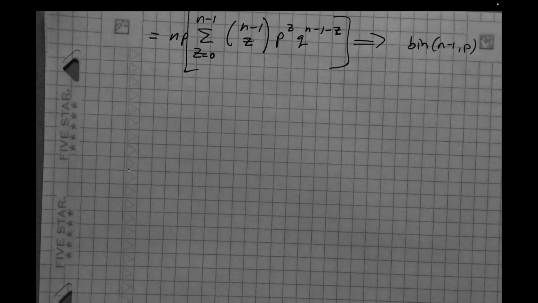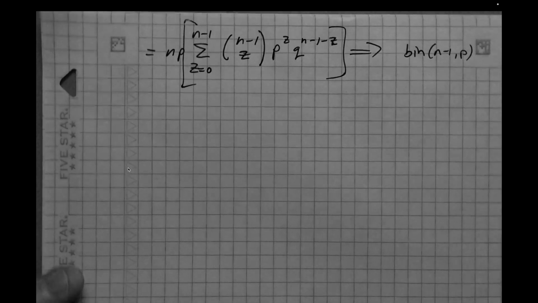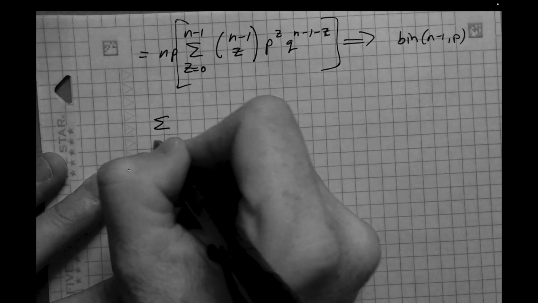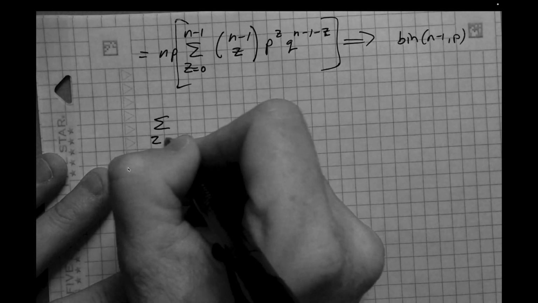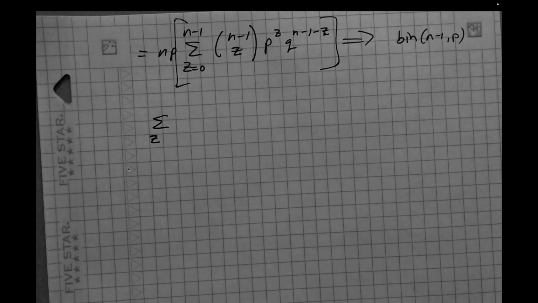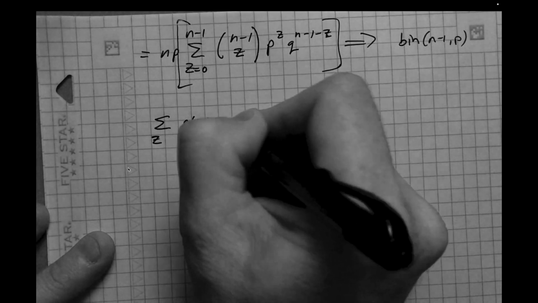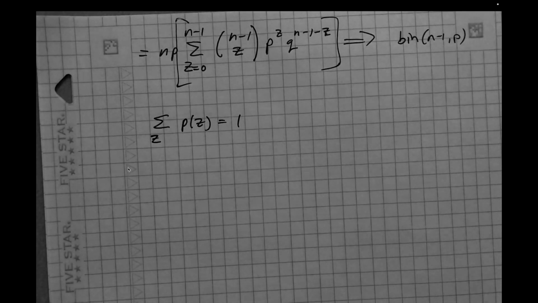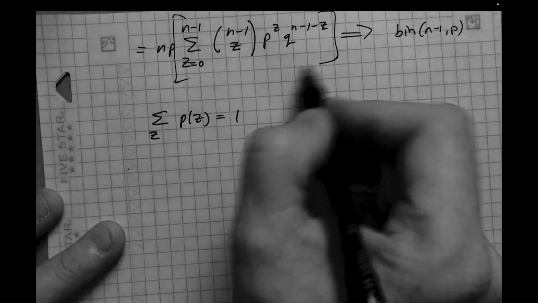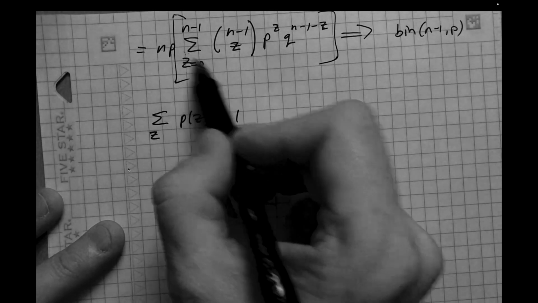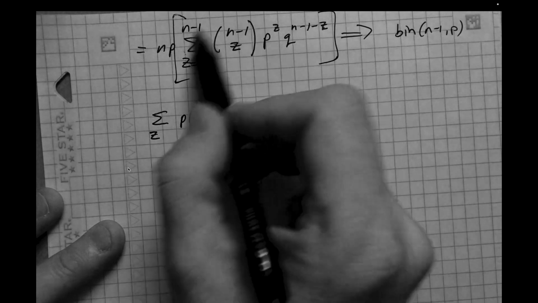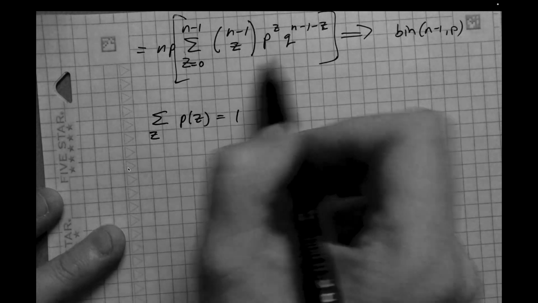We know that the sum over all the z's, in this case z equals 0 up to n minus 1, of the probability of z is going to be equal to 1. So we can take that fact and apply it to this. This whole thing here is basically just equal to 1.